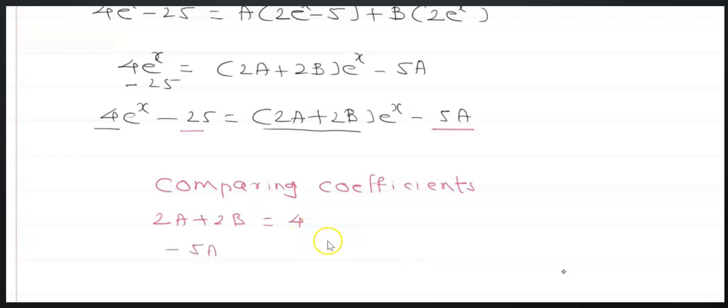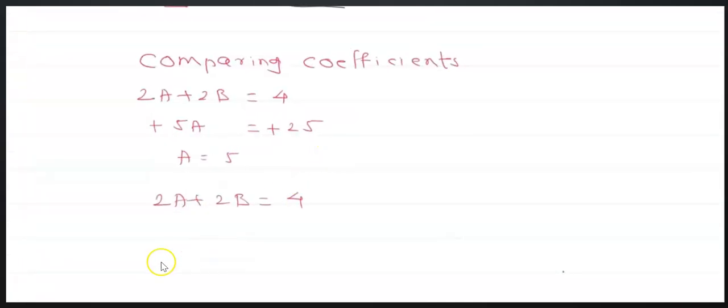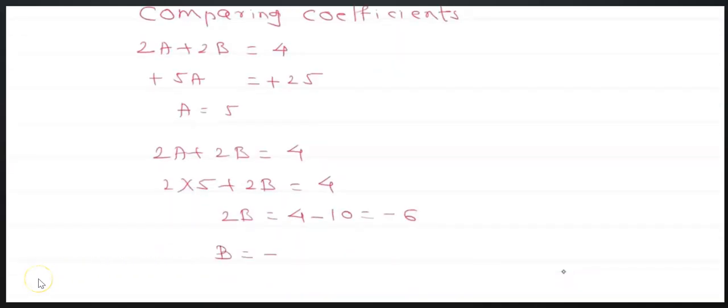This is the first equation. Now compare the coefficient of the constant, that is minus 5a is equals to minus 25. That becomes a is equals to 5. Substitute the value of a here, and you will get the value of b. 2 into 5 plus 2b is equals to 4. That is 2b is equals to 4 minus 10, that is minus 6. Therefore, b is equals to minus 3.